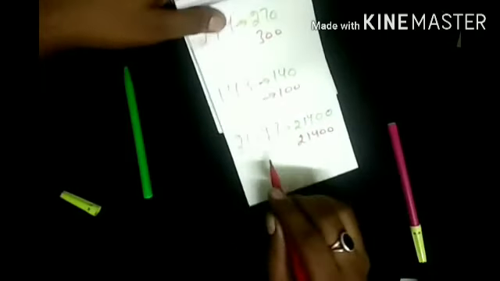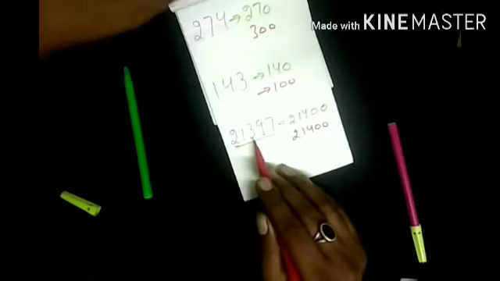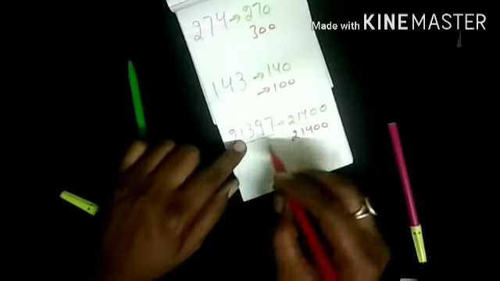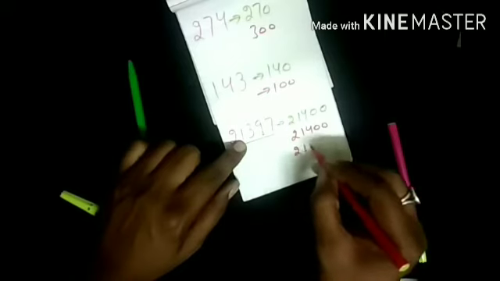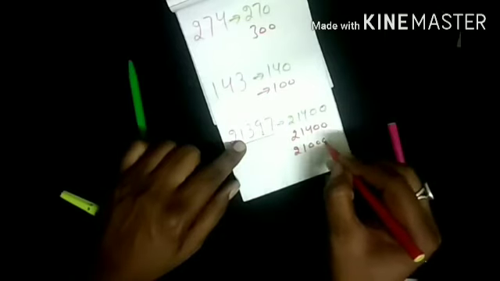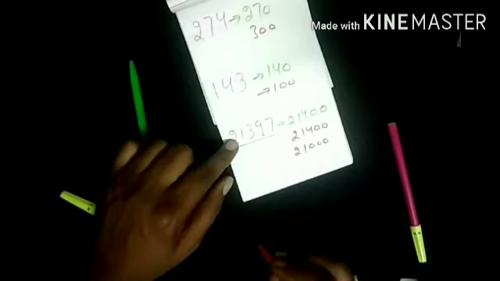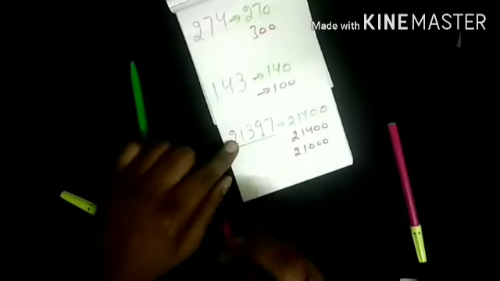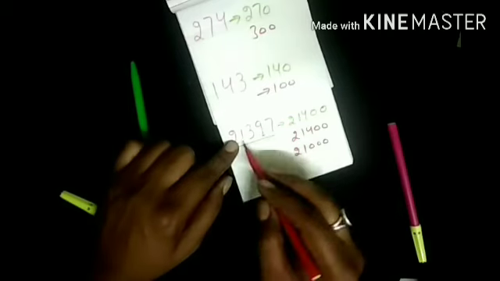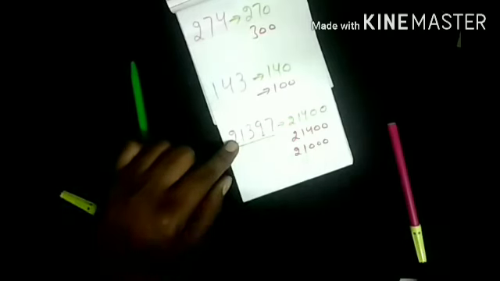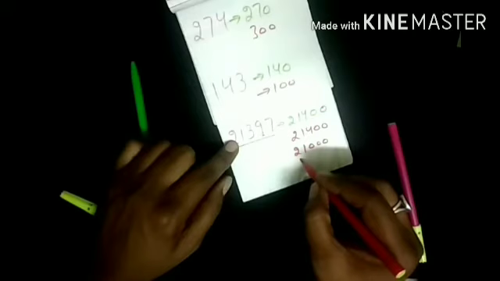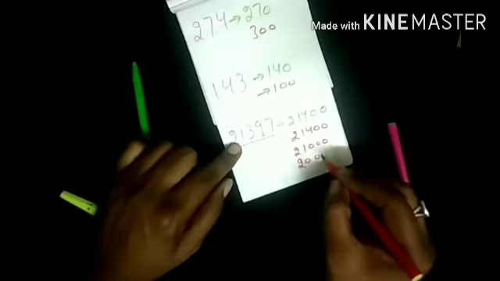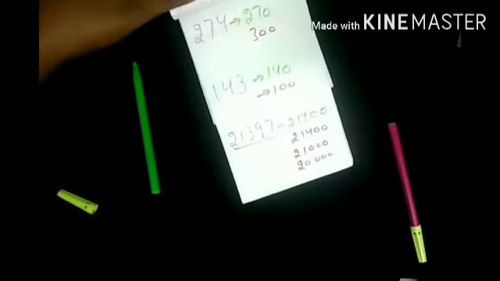And if I had to round it off to the nearest 1000, then my answer will be 21,000. And if I had to round it off to the nearest 10,000, then my answer will be 20,000. Clear.